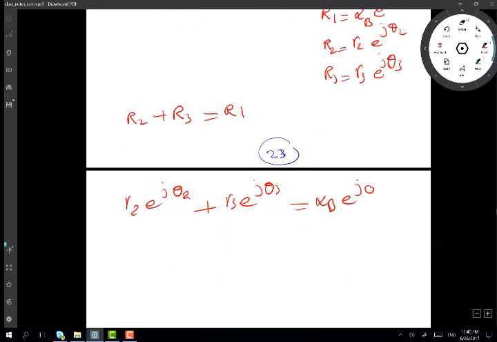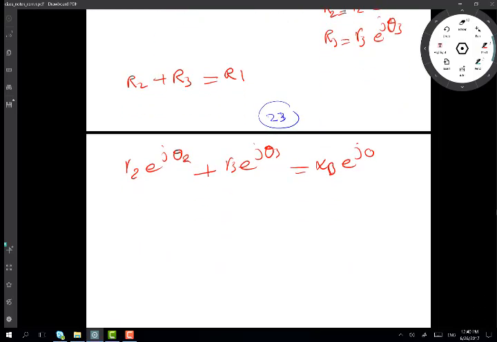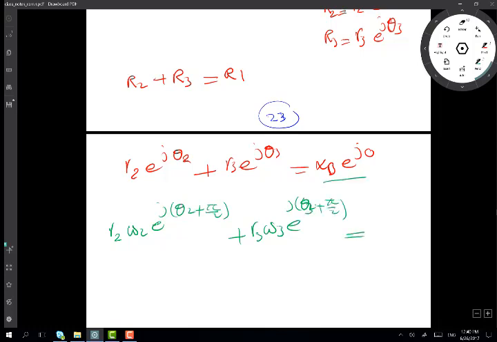I differentiate this equation. For the first term, I add 90 degrees and multiply by omega 2, so R2 omega 2 e to the j (theta 2 plus pi over 2), plus R3 omega 3, adding pi over 2 to this angle as well. The other side, I differentiate both terms.